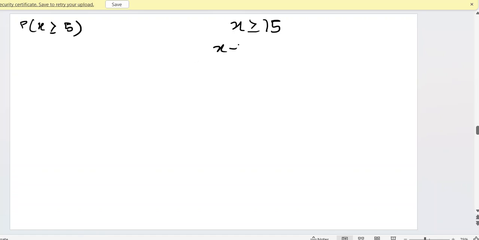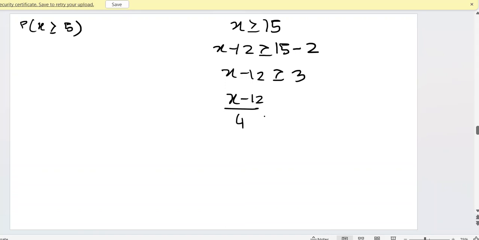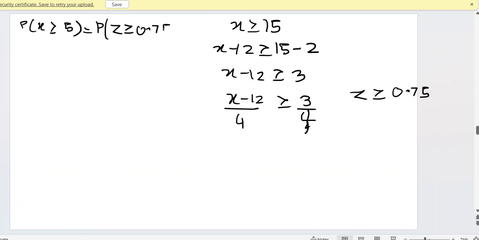For that, we subtract the mean, which is 12, and we get x minus 12. This is more than 3. We divide by the standard deviation, so 3 upon 4, which becomes 0.75. So this becomes P of z more than 0.75.